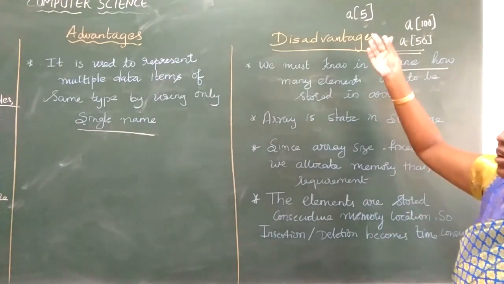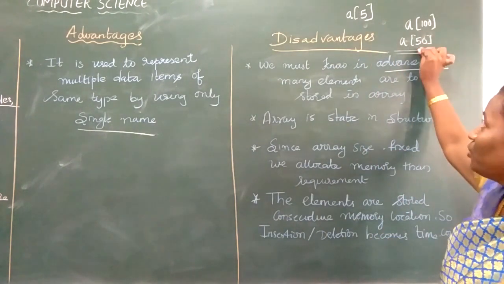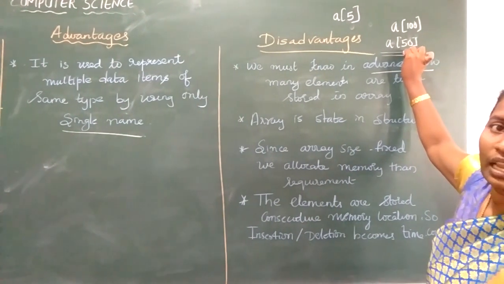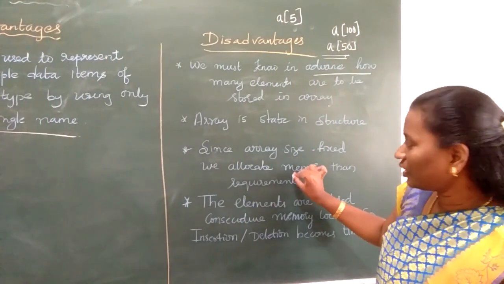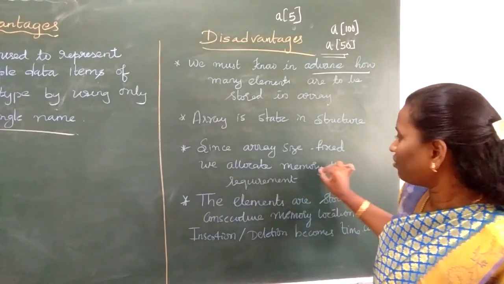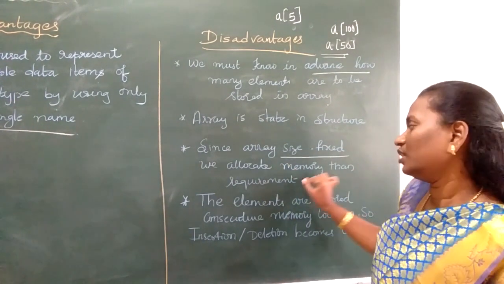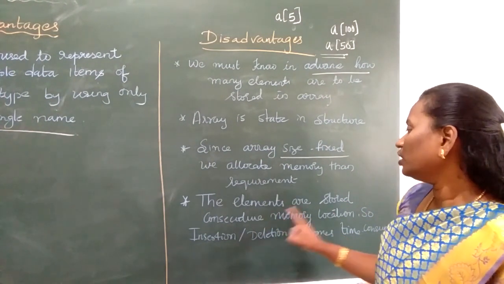But how many array elements will you be inputting? Only 5. So if you reserve 50 bytes but use only 5 bytes to store your elements, that is a loss. That is a waste of memory. So that is a disadvantage. Since the array size is fixed, we allocate more than what is required, so there is wastage of memory.